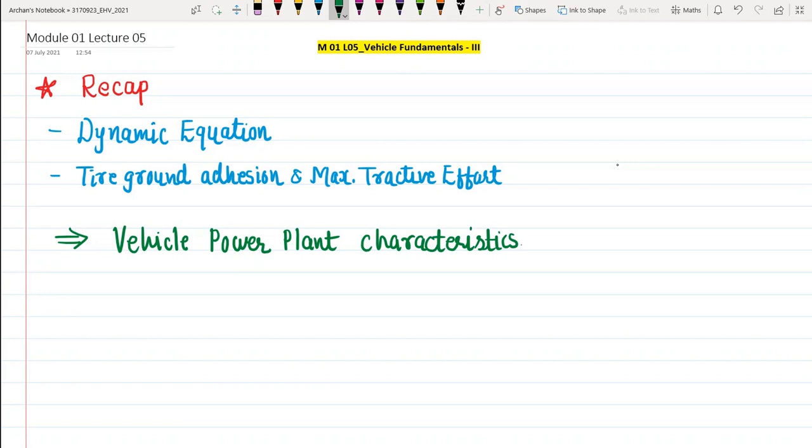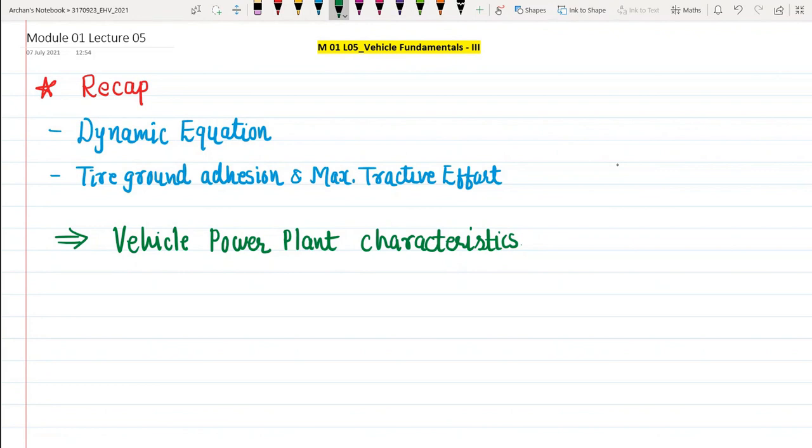Now, the limiting factors to the maximum tractive effort, which we discussed yesterday: there are two limiting factors that limit the maximum tractive effort of a vehicle.